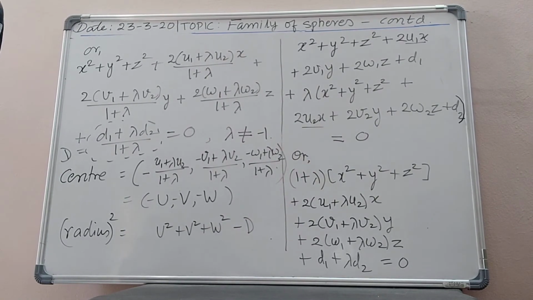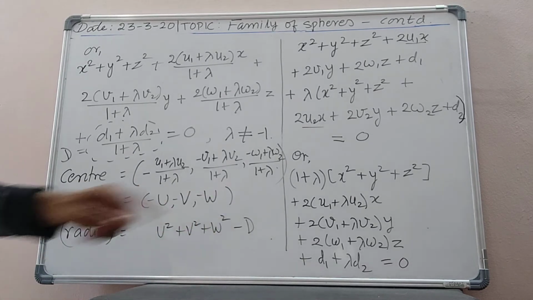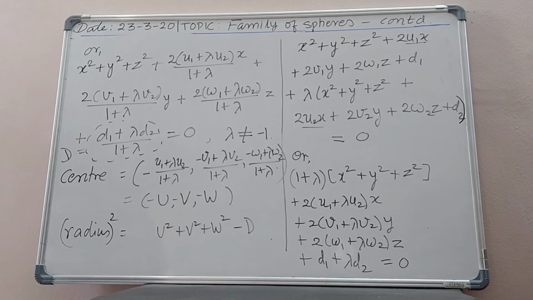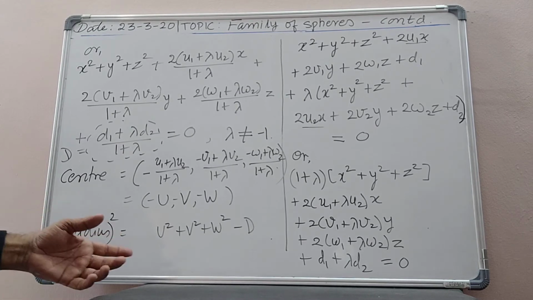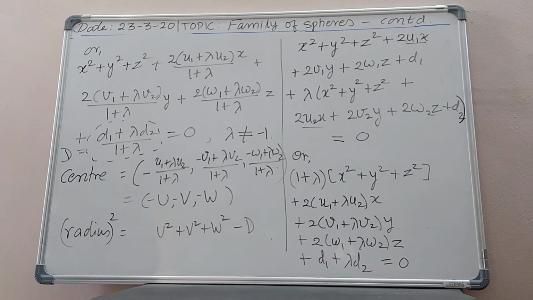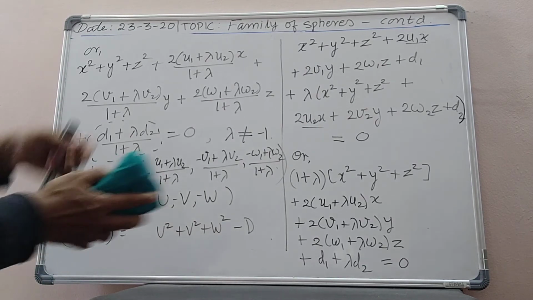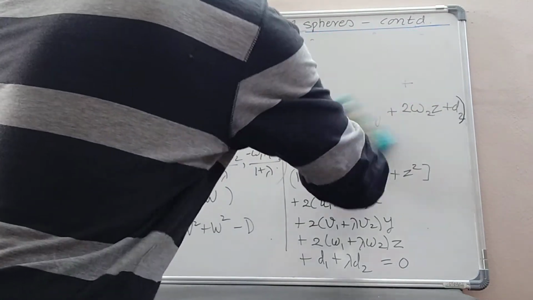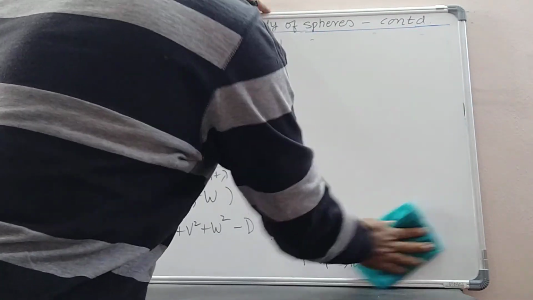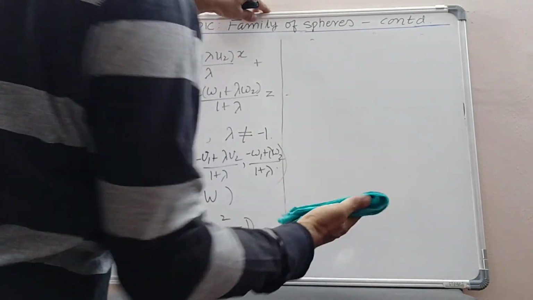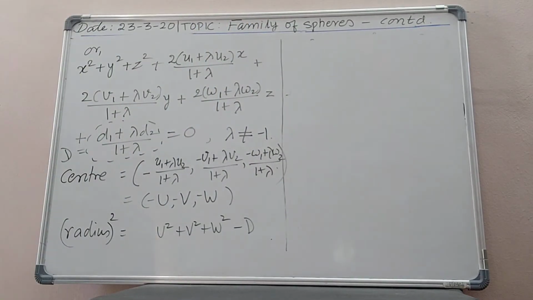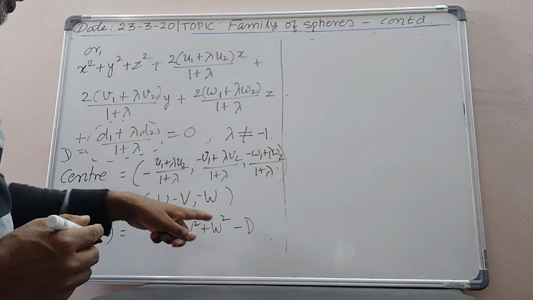Let me just pause this here for a minute. I would like to write this expression and show you that the coefficient of lambda is an important object. Let's see that. So u square plus v square plus w square minus d.